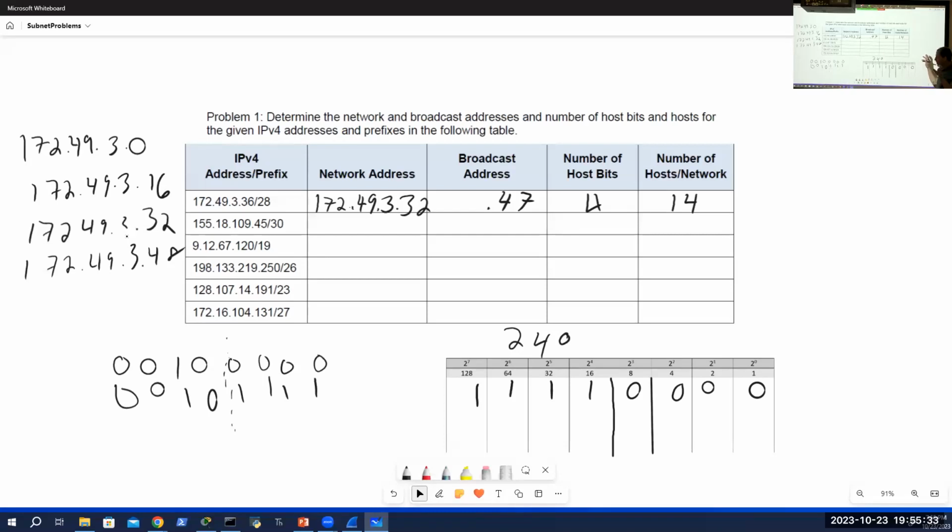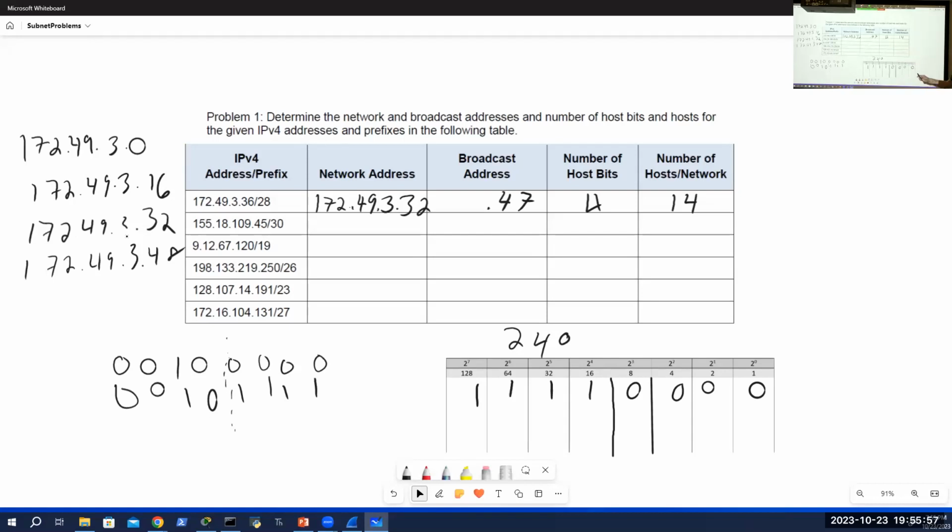Again, the cheat way, or it's not cheating, it's just understanding the patterns and using them, is to look at your next subnet. If you know your network ID, look at the next one based on our increment and subtract 1, and that's always going to be your broadcast.